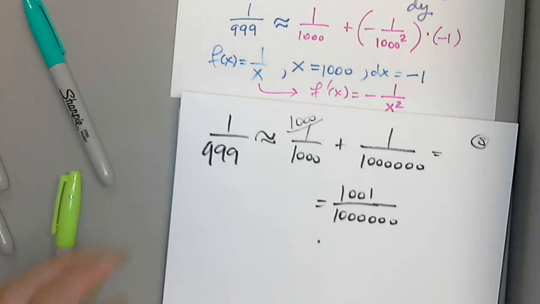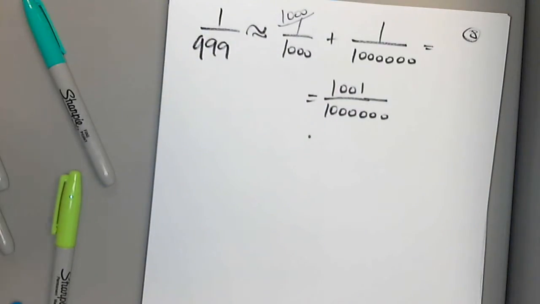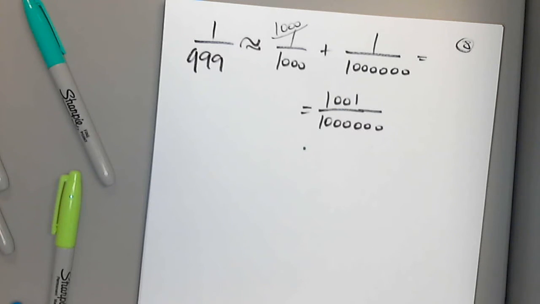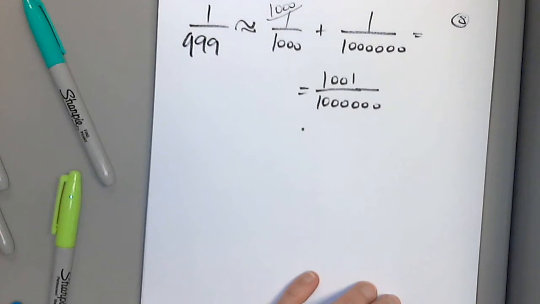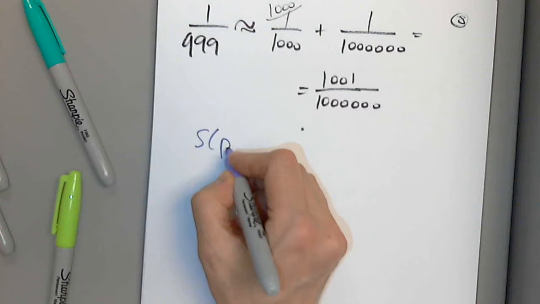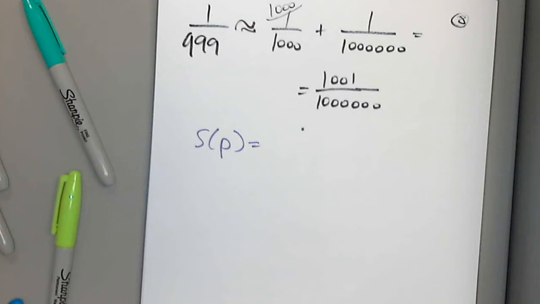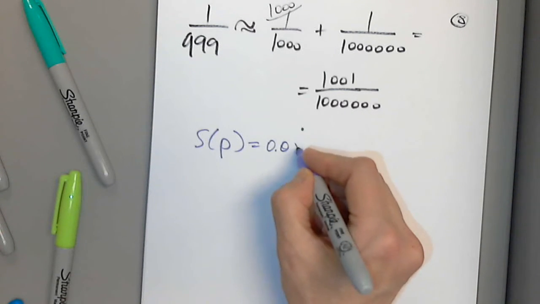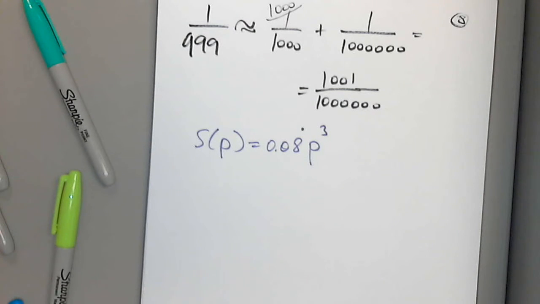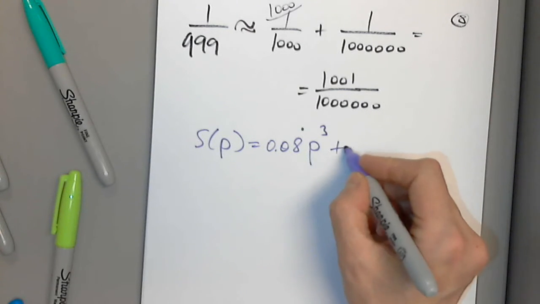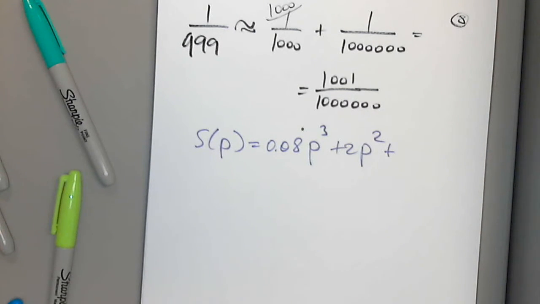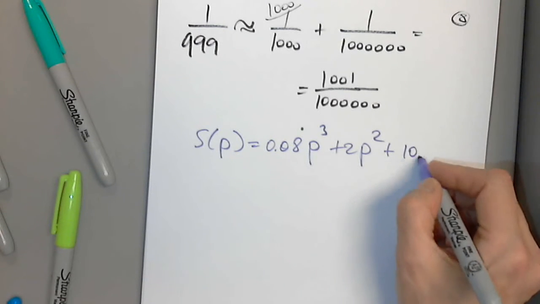Good. So let's look at problem 20 on page 267. A supply function for a certain product is given by S of P, supply function, 0.08 P to the third plus 2P squared plus 10P plus 11.